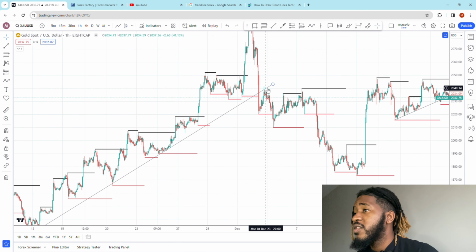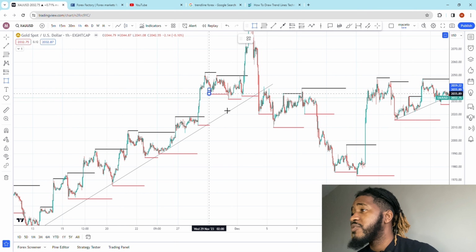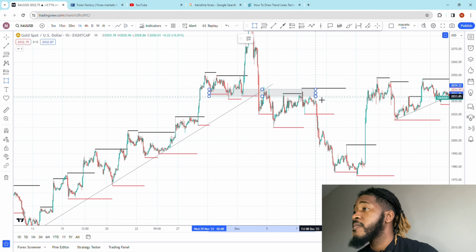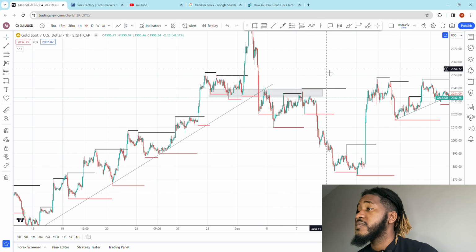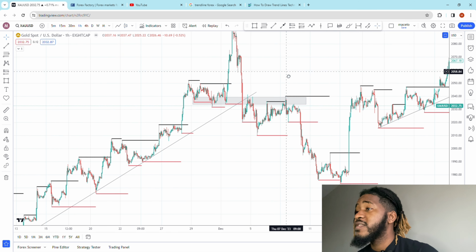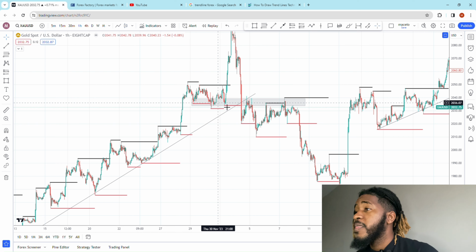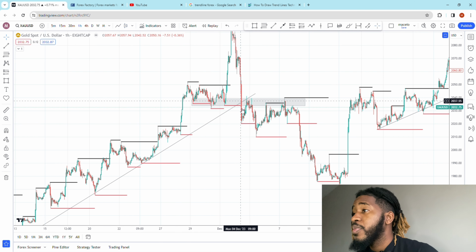So this is what I talk about when I say you can get in sells or buys when it comes to trend line breaks and retests. So look how beautiful this was. This was your last, this was your lowest. Right now, price made this big push up. Price broke that, retested that, sold.